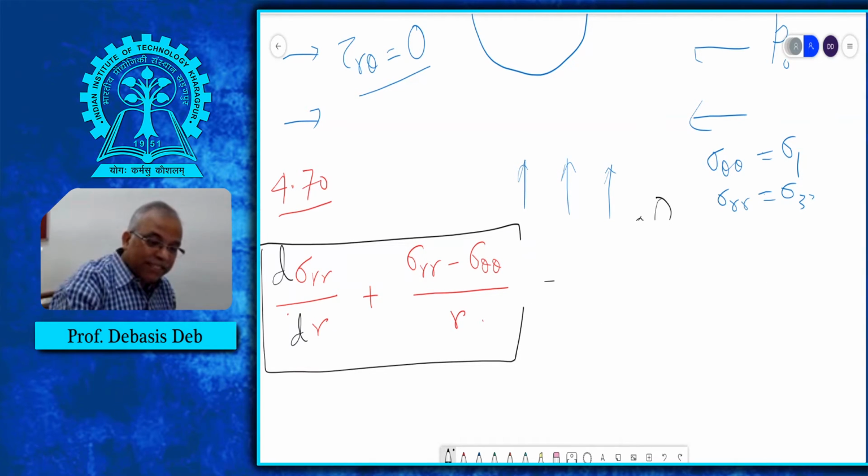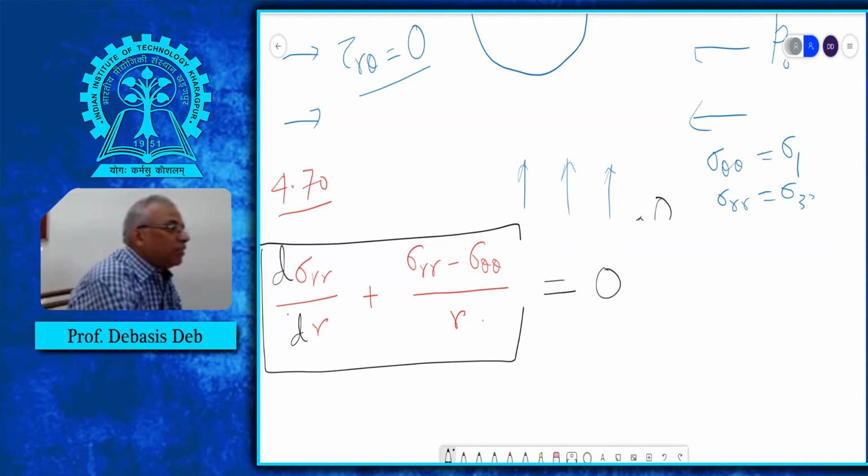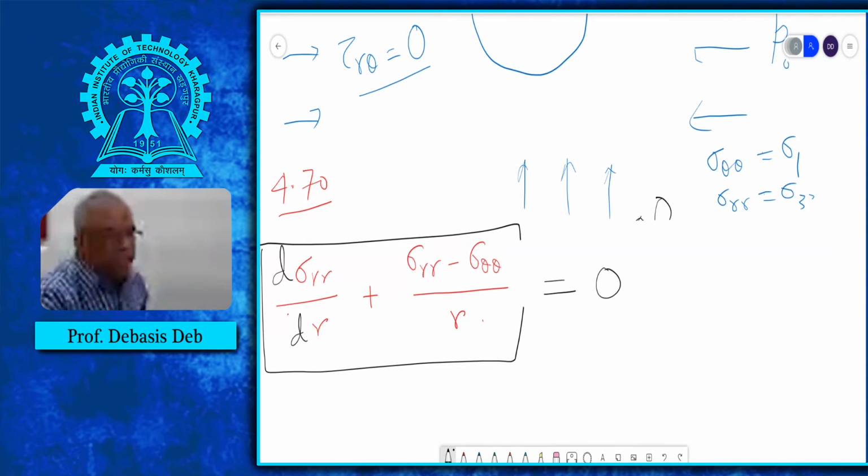So basically this equals to 0. This is my governing equation for k equals to 1: d sigma R by dr plus sigma R minus sigma theta theta by R equals to 0.